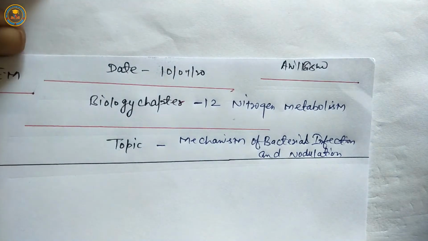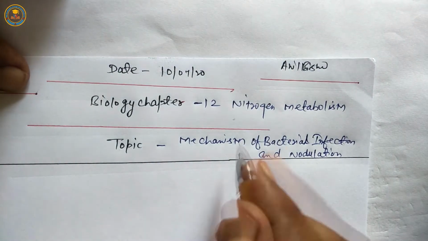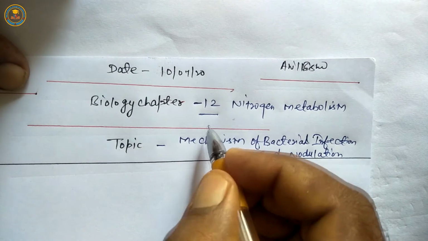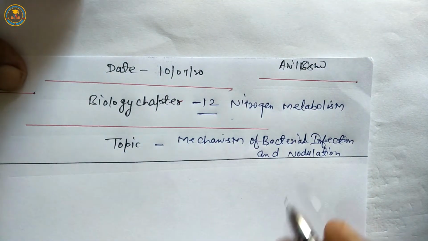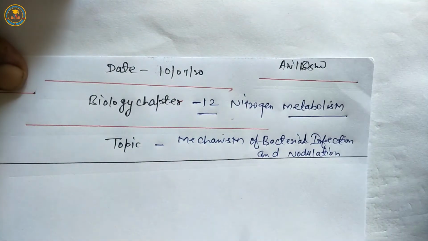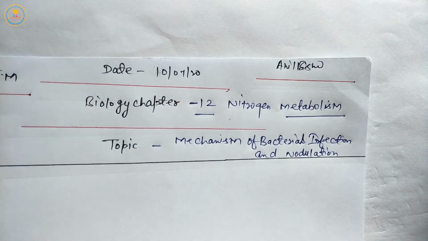Once again, today we are starting class 12th biology chapter 12 nitrogen metabolism, and today's topic is mechanism of bacterial infection and nodulation.